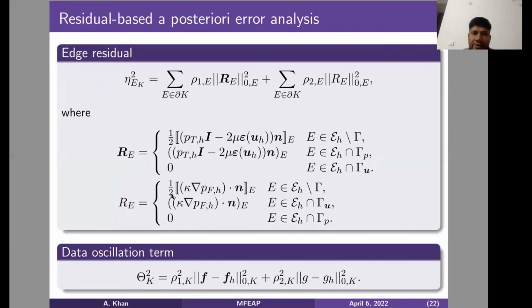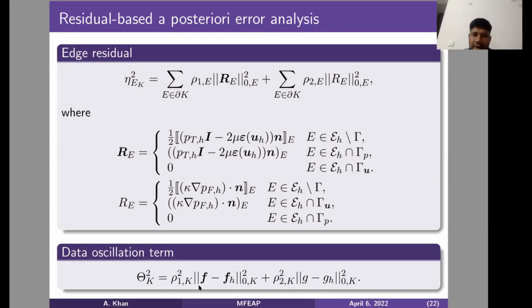Then we define the edge residual, which calculates the jumps between edges. This is nothing but the flux terms coming from displacement and the total pressure, this bold RE, and this is RE. RE represents the flux terms coming from our permeability part.